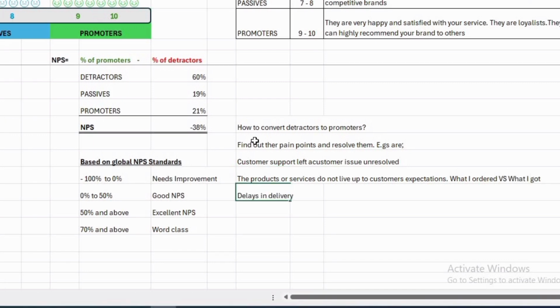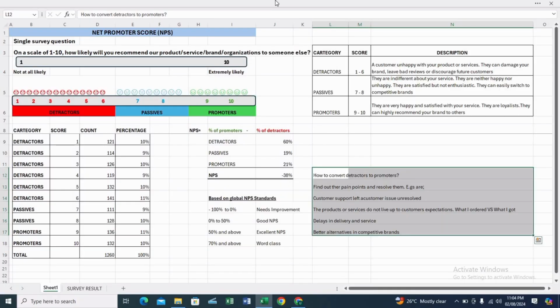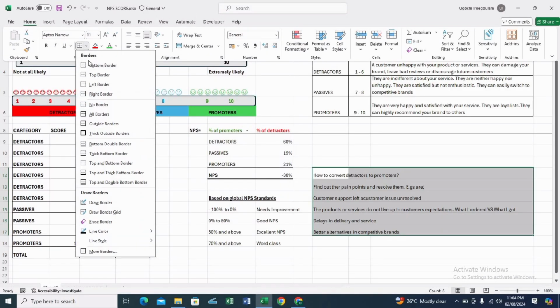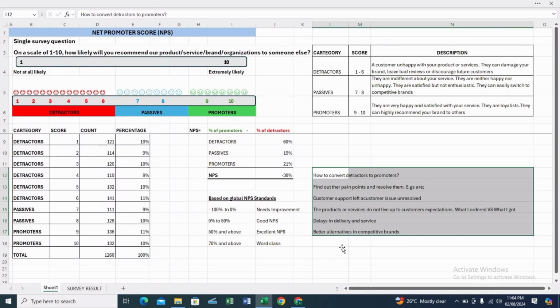Delay in delivery and services. 4. Better alternatives in competitive brands, etc. So these, amongst others, are some of the underlying issues that could make customers unhappy or unsatisfied with the company's services or brand.